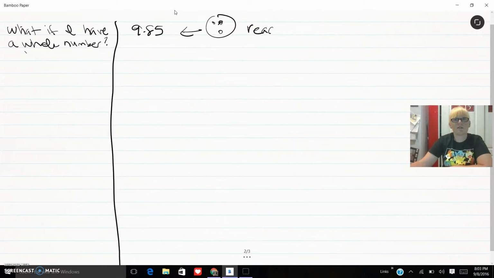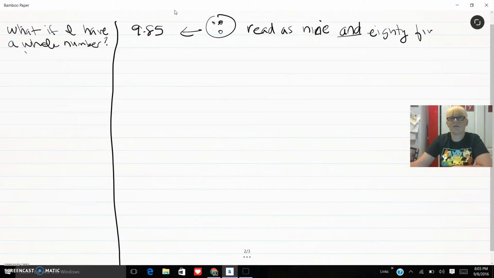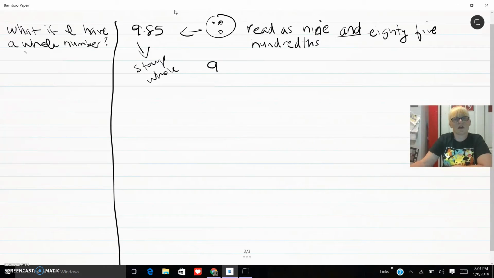All right, so I'm going to read this number as 9 and, right, my decimal tells me and, 85 hundredths. So I'm just going to write it just like that. My 9 stays whole. So 9, and then 85 is my numerator, hundredths is my denominator. So we have 9 and 85 over 100.